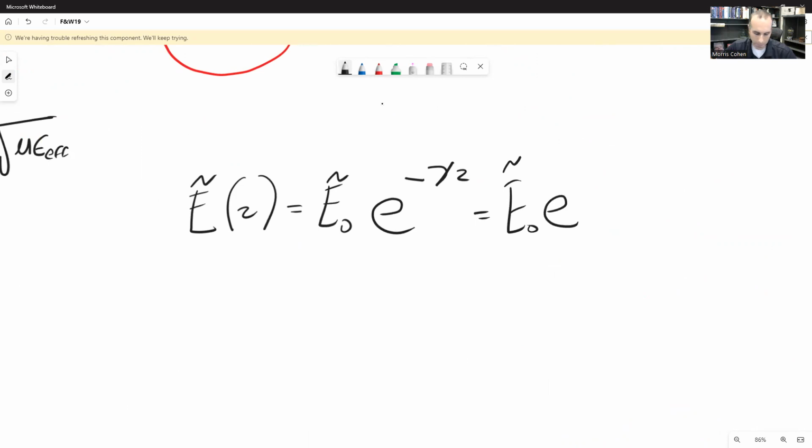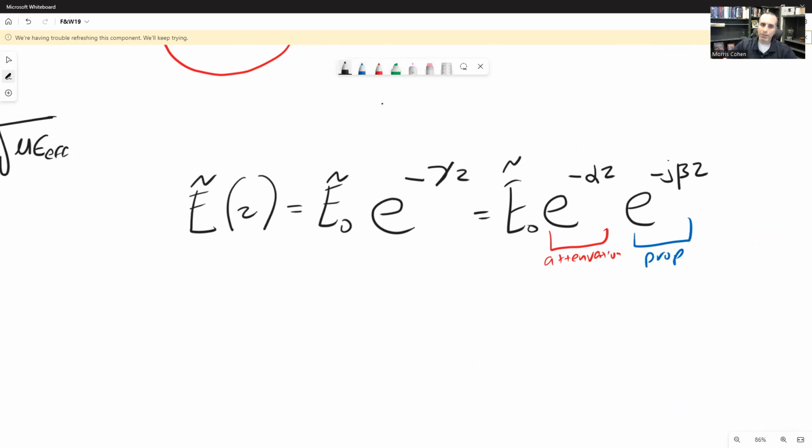So it's e to the minus alpha z times e to the minus j beta z. And this alpha z right here corresponds to the attenuation, and the beta z is propagation.